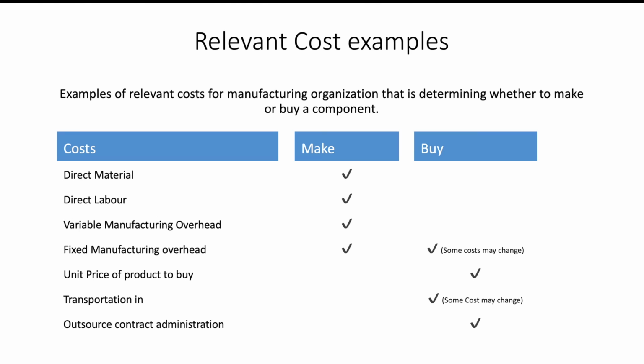And then outsourcing contract administration. So just keep asking this question when you're doing this make or buy decision: whether this cost actually relates or is relevant to making or buying.